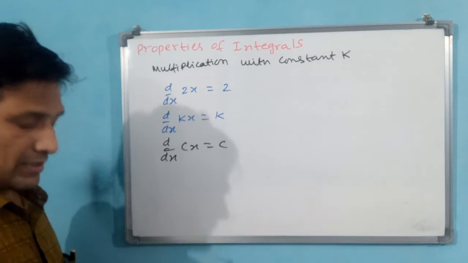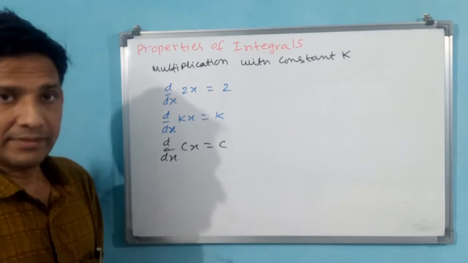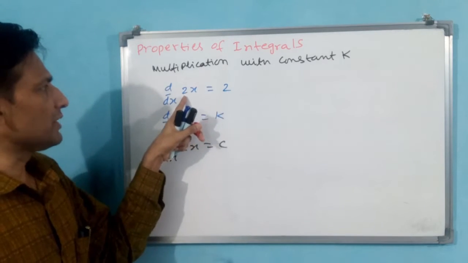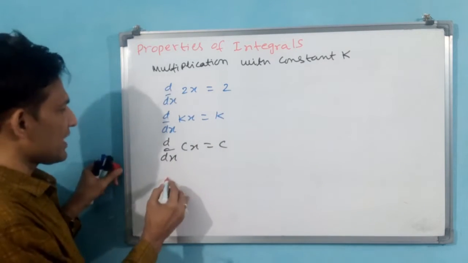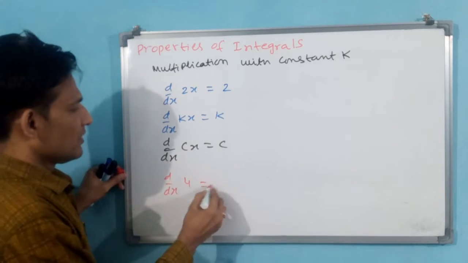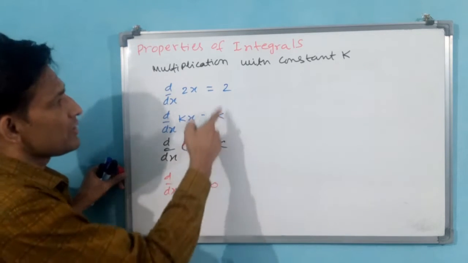Okay, come back here. With multiplication with constant, this is not like d by dx of 4. This is 0. Constant will not come.